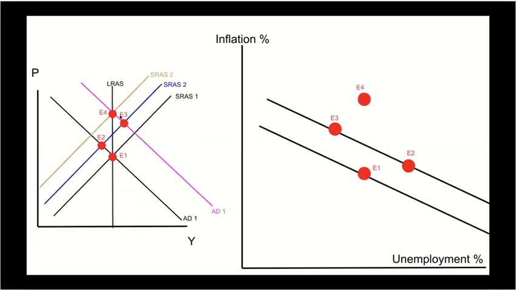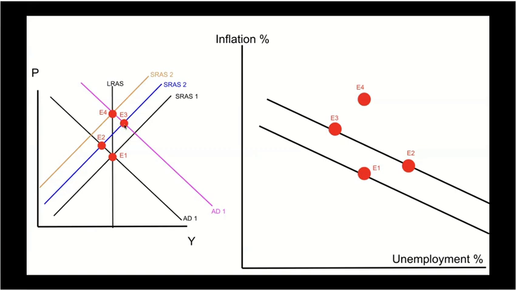Then, remember we talked about how the short-run aggregate supply curve would get shifted to the left to get to our long-run equilibrium. So that's where E4 comes from.